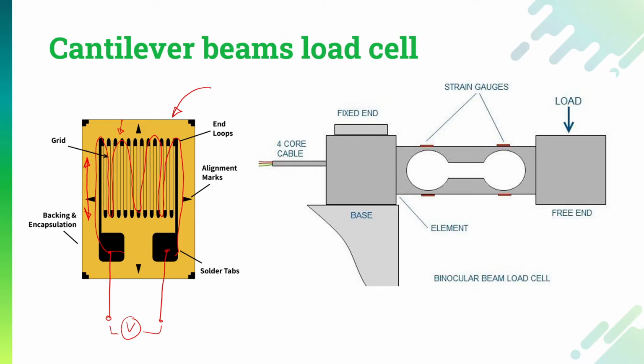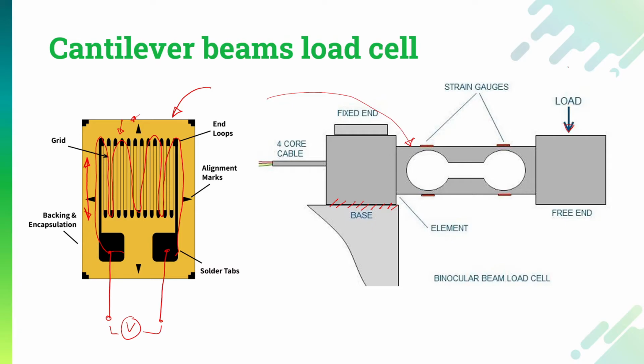Now this kind of strain gauges are kept on this kind of cantilever beam. This is the cantilever beam where one end is fixed. This is the fixed end. The second end is free. Now try to understand how the strain gauge will work with the load cell.